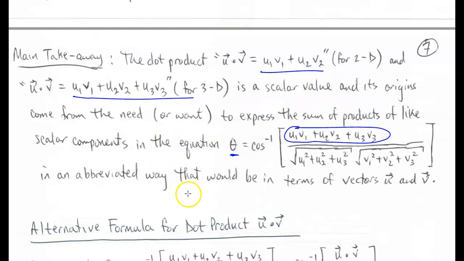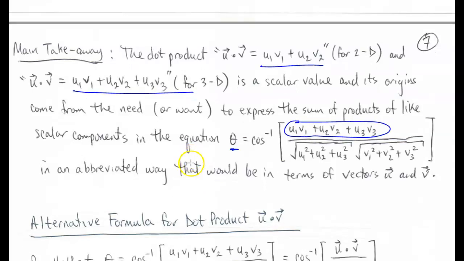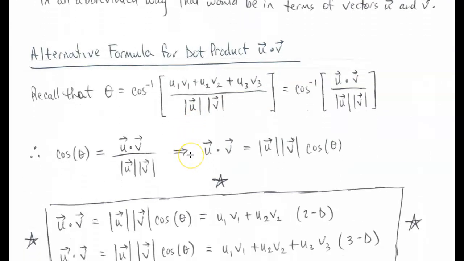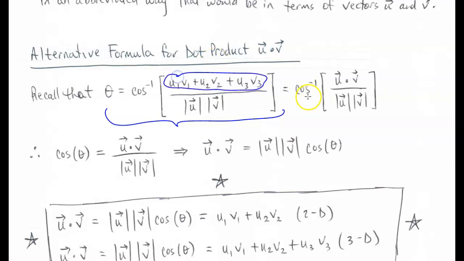Okay. All right, so now that we understand what the dot product is, where it actually comes from, we also saw that in this derivation, we could actually come up with an alternative way of being able to express the dot product. Okay, so recall here that this is how we originally come up with what the angle is going to be in between two vectors u and v. And we recall here that, hey, in terms of the dot product, we could express this expression in the numerator as just u dot v.